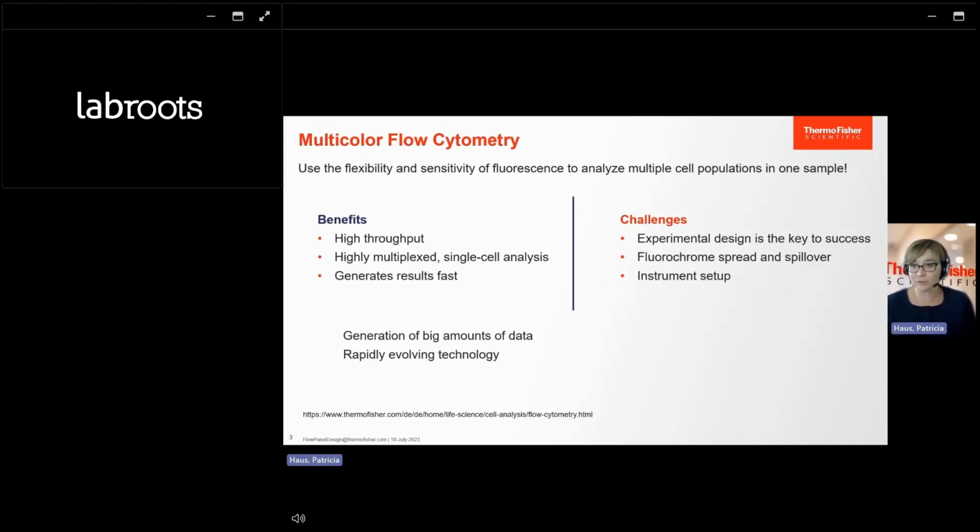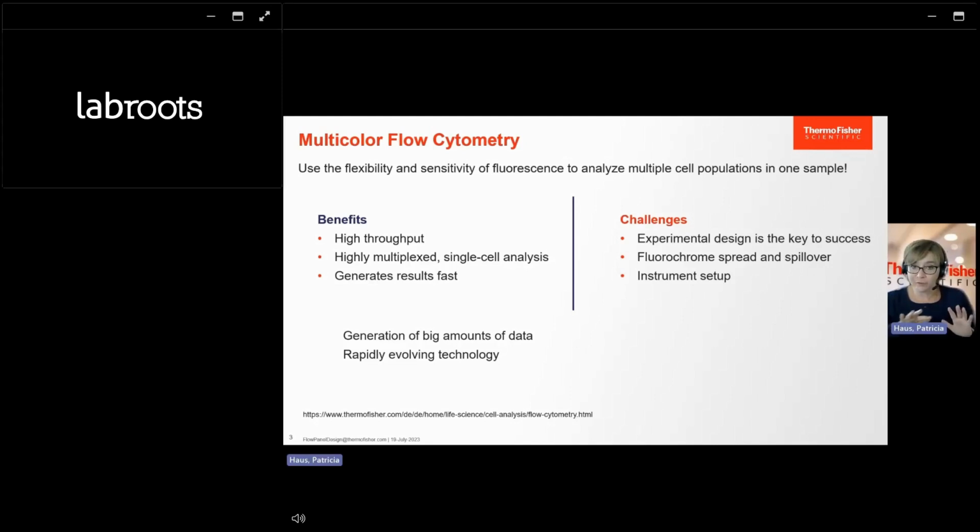Together with fluorescent labeled antibodies, you can detect cell surface molecules, but also intracellular molecules. Within the instrument, the cell passes the laser, one cell at a time. This ensures that what you're detecting is really based on a single cell event.